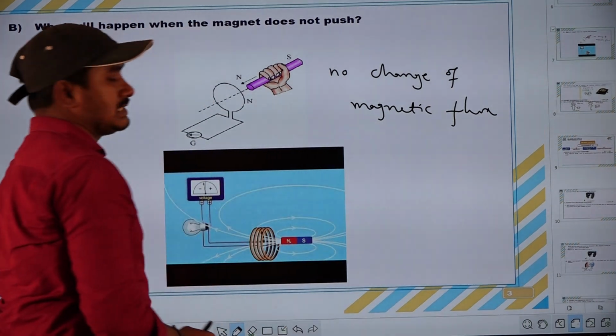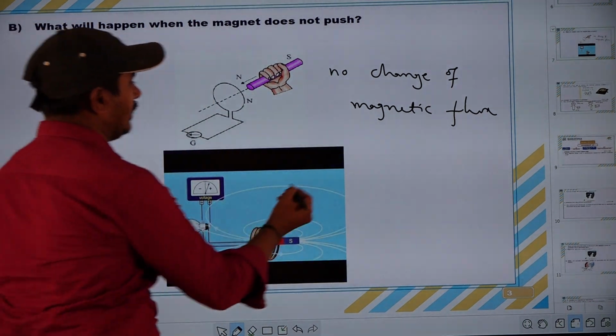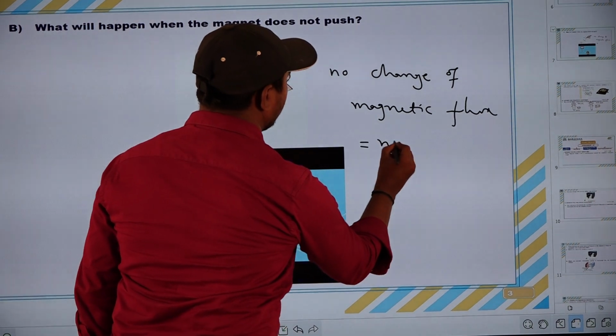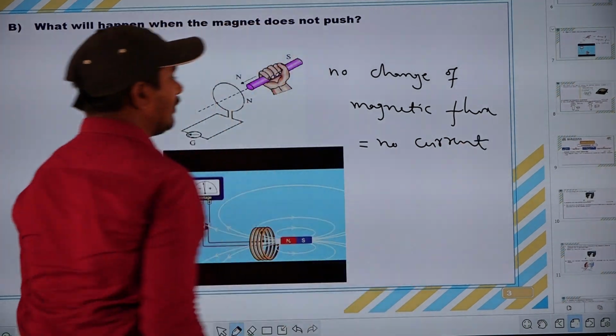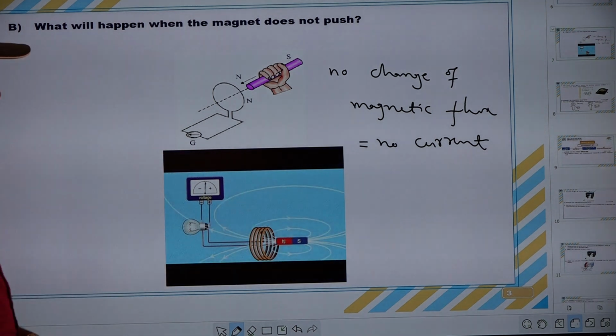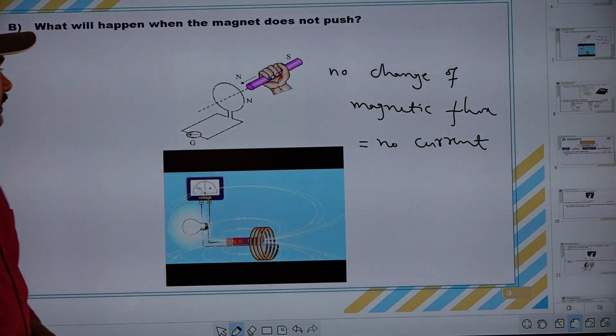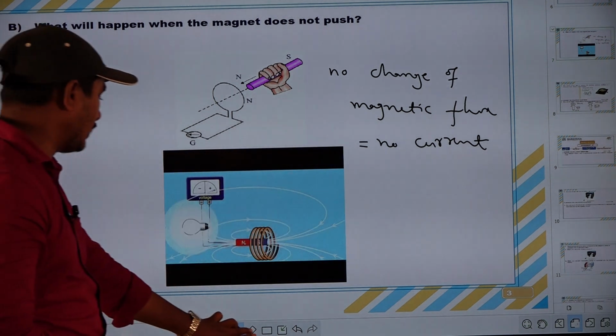So when the flux does not change, no current will be produced. That's why there is no deflection in the galvanometer; the galvanometer is constant. That is option B, the second answer.